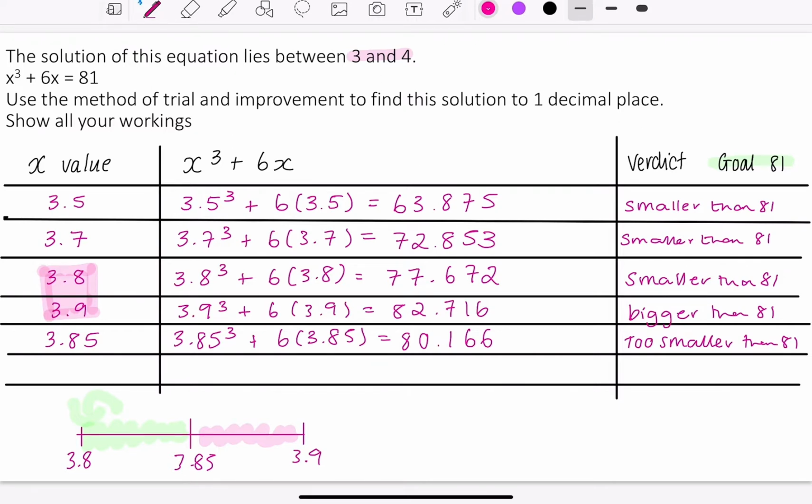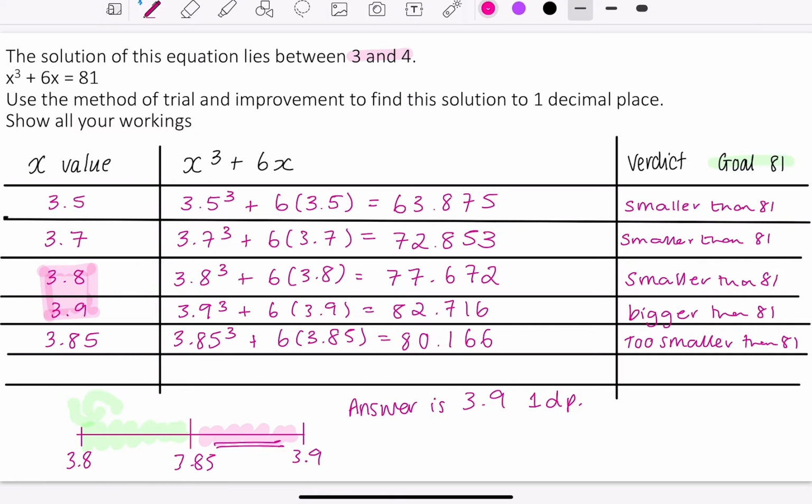So my answer must be larger than 3.85. If my answer is larger than 3.85 to 1 decimal place, our answer is 3.9 to 1 decimal place. If it was too big, we know the number would have had to be smaller, so it would have rounded to 3.8.